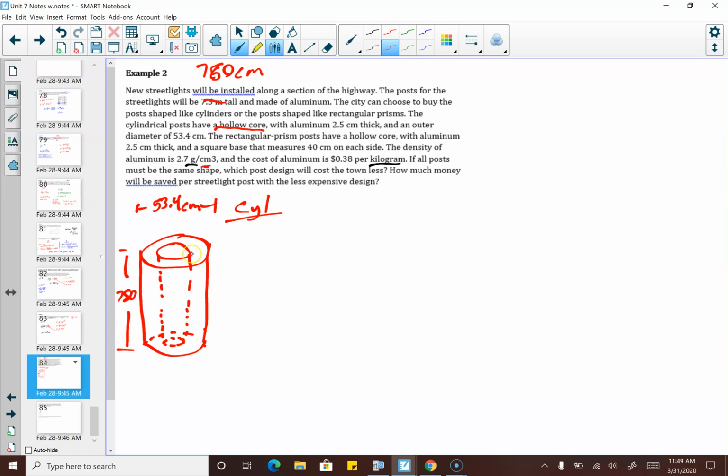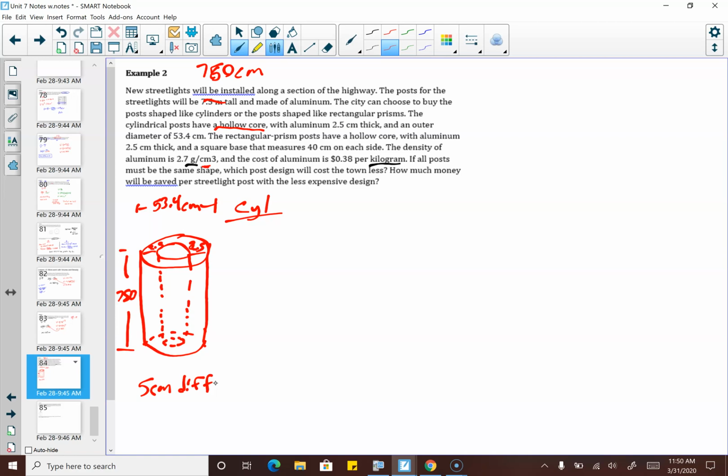And the key is it is 2.5 centimeters thick, but that's 2.5 on each side, okay? So realistically, the overall difference in the diameter is going to be 5 centimeters difference. That's what we're losing total out of it, okay?